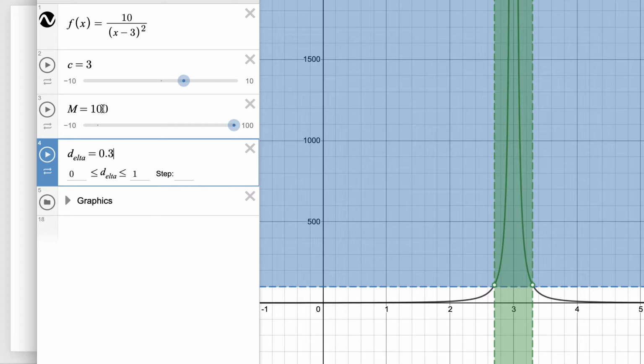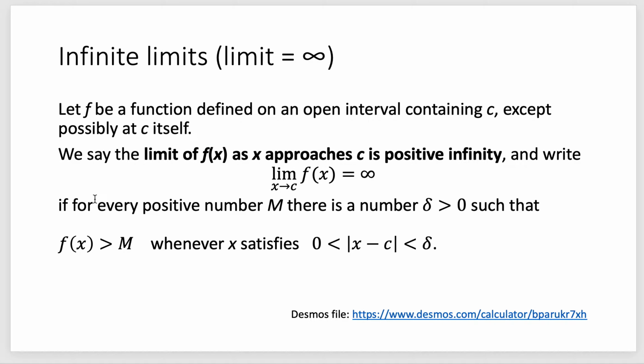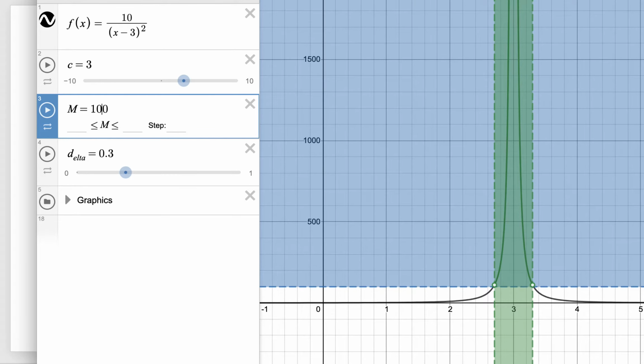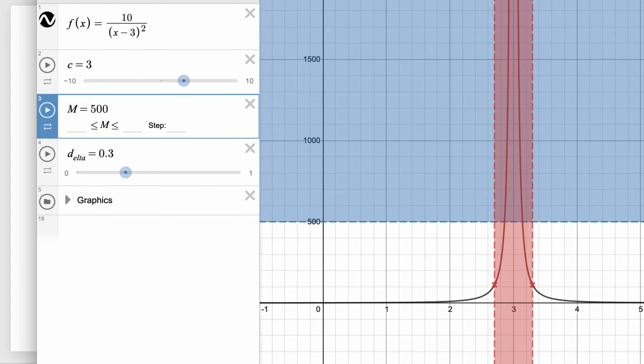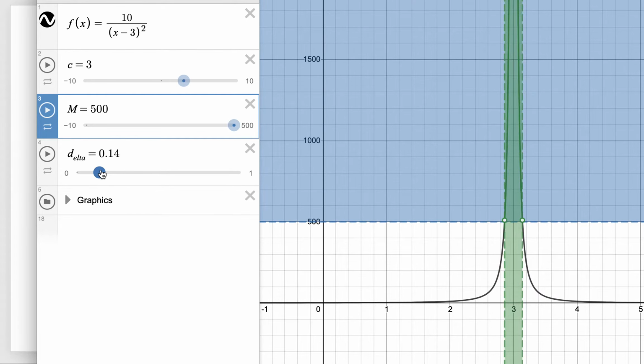But let's pick a bigger M value, because the definition said for every positive number M. So let's pick a bigger number, maybe 500. Is there any delta I can get so that those numbers within delta of 3 are greater than 500? It looks like 0.14 would work.